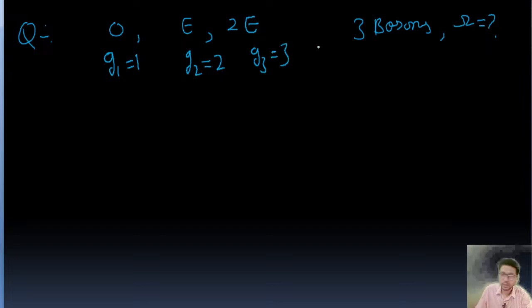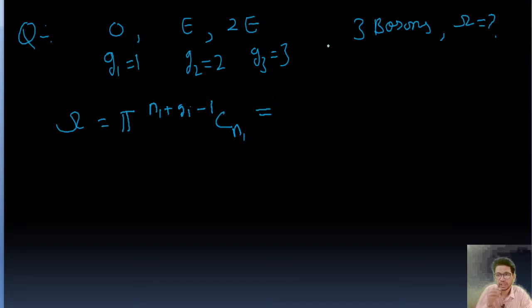This is boson, so we will use Bose-Einstein statistics, right? And the formula we know, that is omega equal to the product, pi is product, of Ni plus Gi minus 1 C Ni, right? So there are three bosons, guys. Three bosons means this Ni is 3, right?